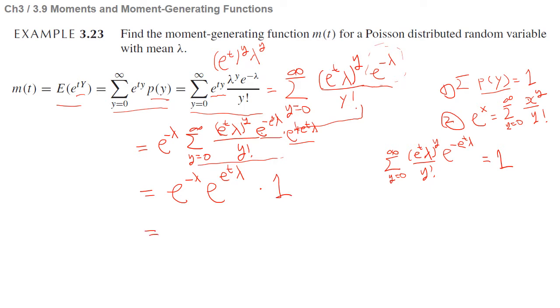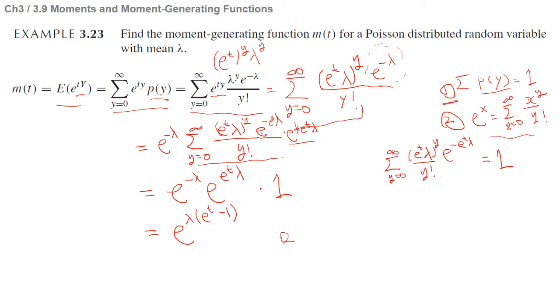The solution is e to the lambda times (e to the t minus 1). This is the first way.